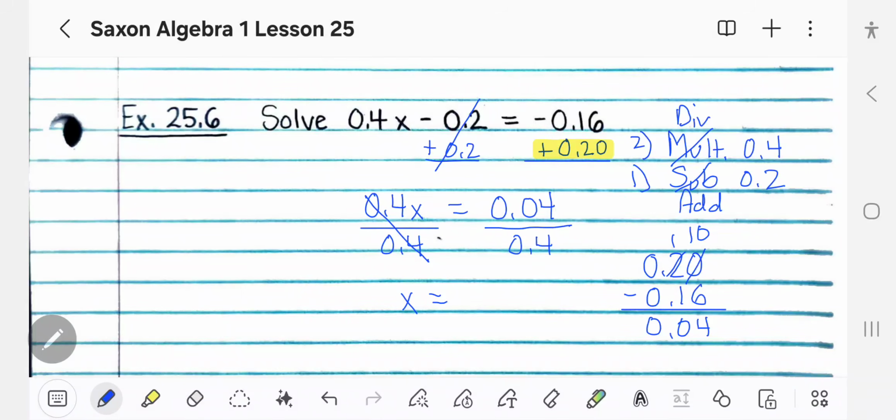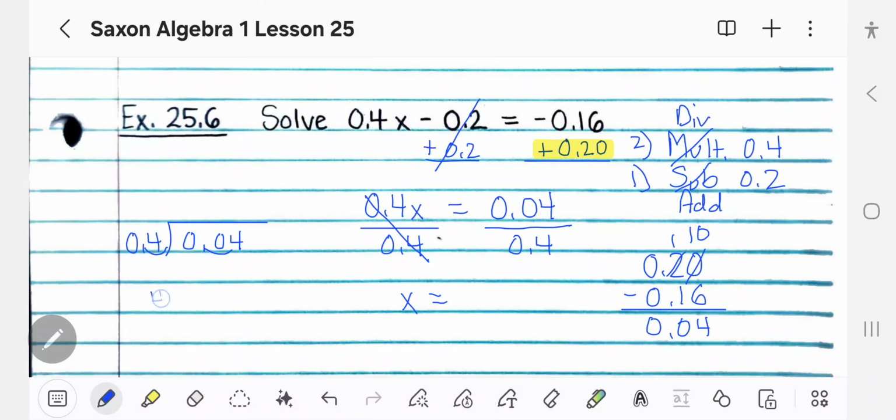Now, how do I do this? There are several different ways to do it. I think maybe the easiest way to show, and if you can think of a different way, that's fine, I'm going to do it like a long division, top number divided by bottom number. Can't divide by a decimal, so I'm going to multiply this by 10 and move it over. Multiply this by 10 and move it over.